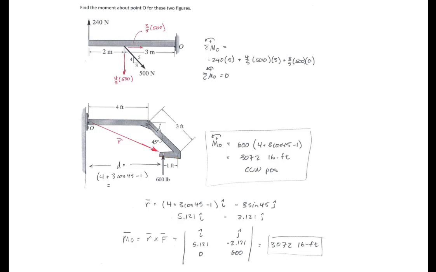And that's the way I did this, the total distance will be 4 plus 3 cosine minus 1, and that'll give us a moment about point O, counterclockwise positive. Now I've got another calculation here using R cross F, and we'll talk about that a little bit later, but for right now we're just going to consider that it's 3,072 pound-feet.